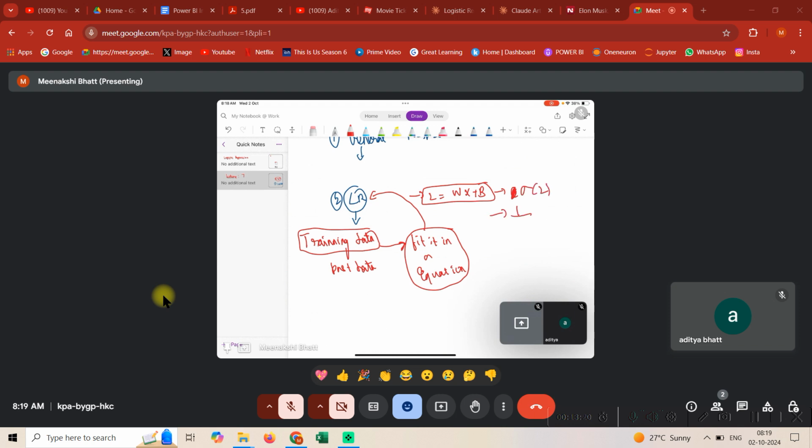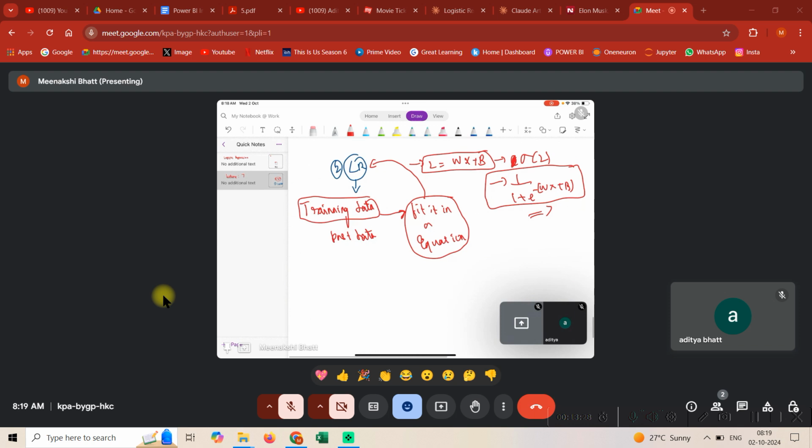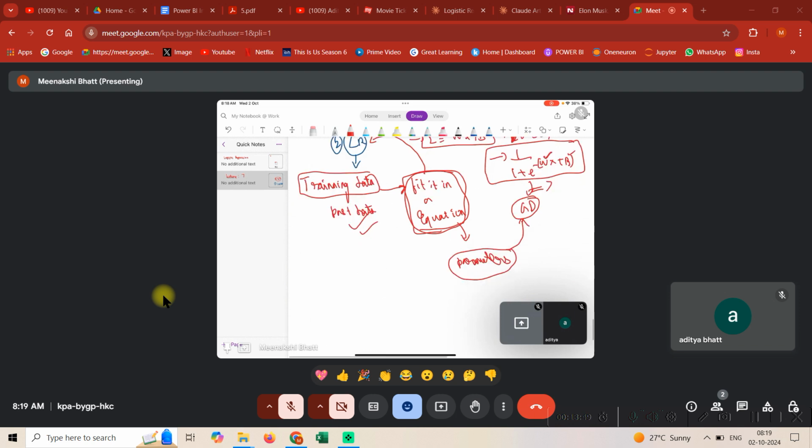Essentially that just gives you 1 over 1 plus e to the power minus (wx plus b). We take this and try to compute the values of w and b with the help of gradient descent. So whenever you have training data, you need to fit it into an equation, and for that you need to compute the values of parameters. How do you compute the values of parameters? You do it using gradient descent.